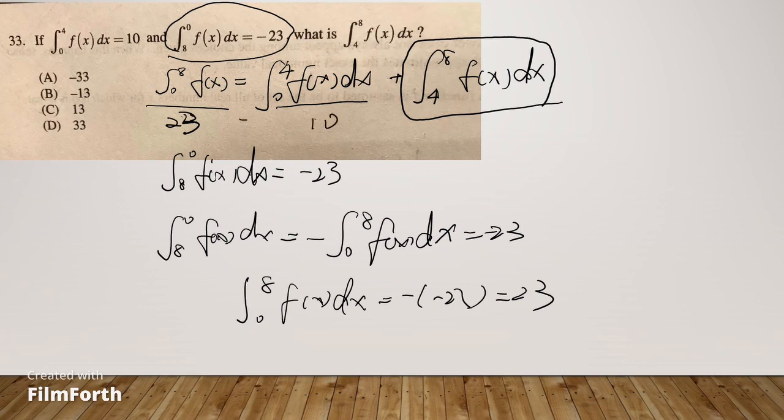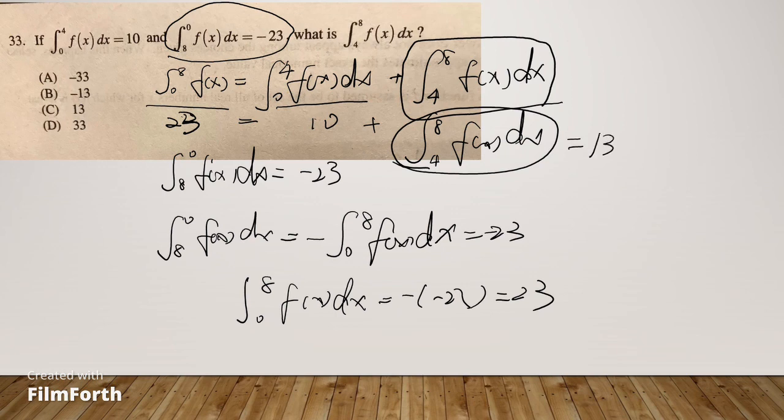So 23 equals 10 plus the integral from 4 to 8 of f of x dx. That means it is equal to 13. So we should choose C.